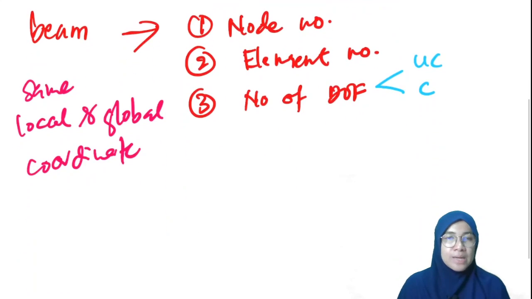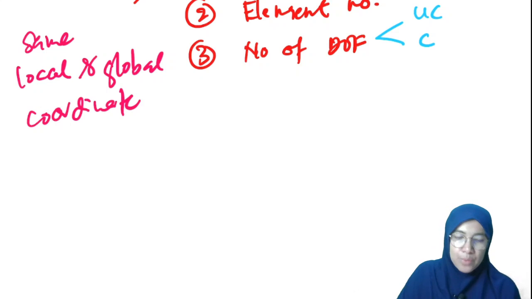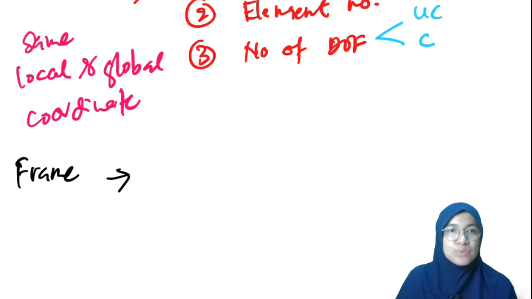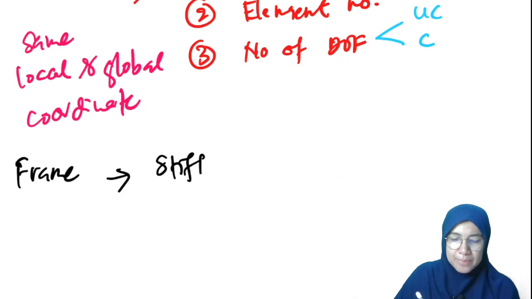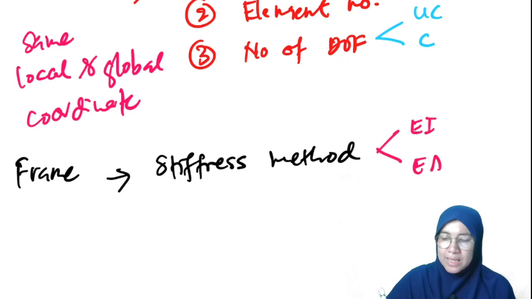Okay, so now we want to move to type number three. Type number three is the frame. So now we are going to analyze frame using stiffness method. And in real situation, frame has combination of EI as well as EA.